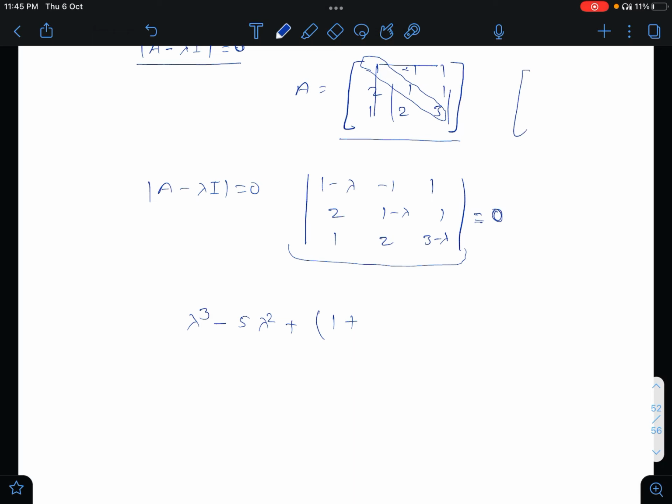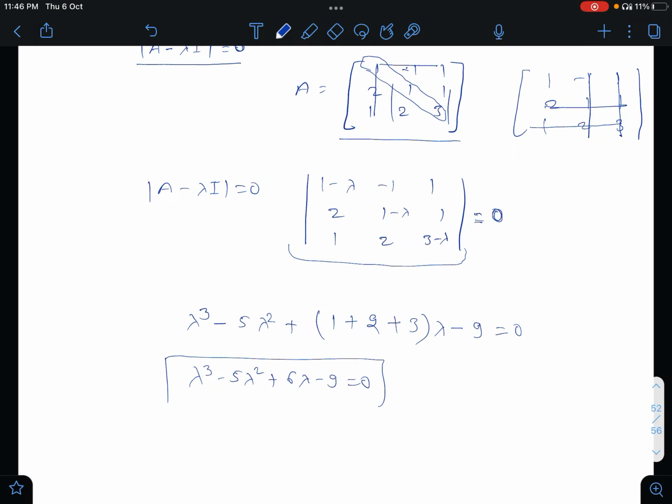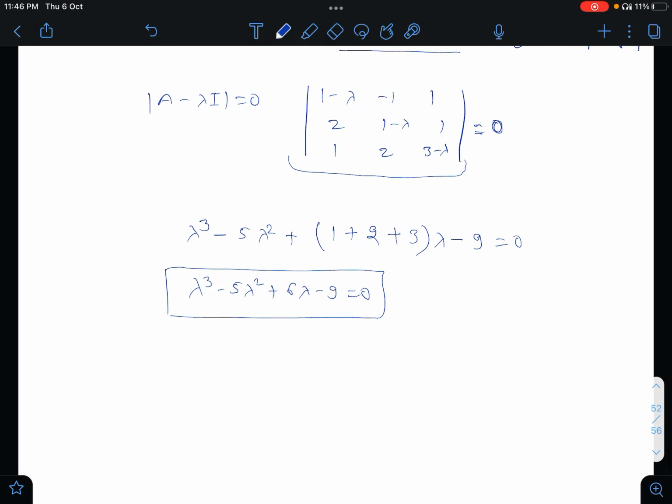The second principal minor is found by hiding these elements: 3 minus 2 minus 1, which is 2. The third principal minor is 1 plus 2, that is 3. Then times lambda, minus the determinant of this matrix. The determinant is 9. So lambda cube minus 5 lambda square plus 6 lambda minus 9 is equal to 0. This is the characteristic equation of the given matrix.